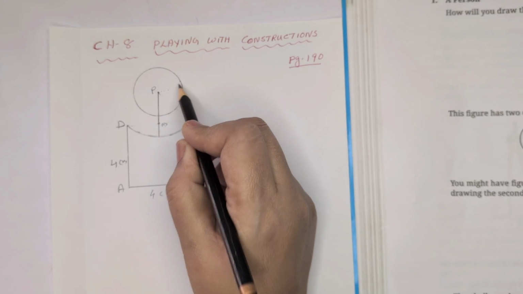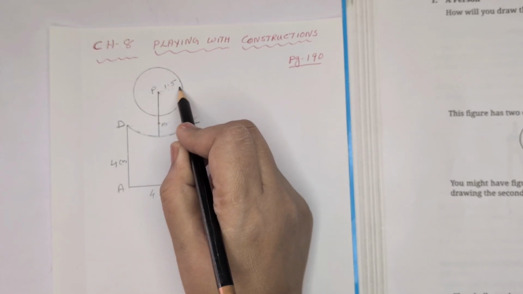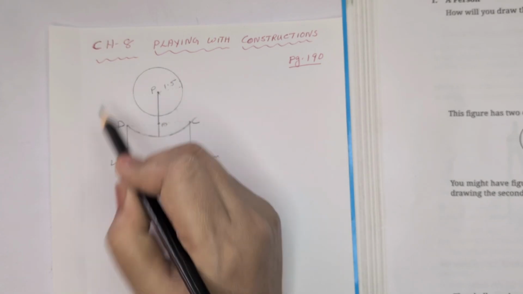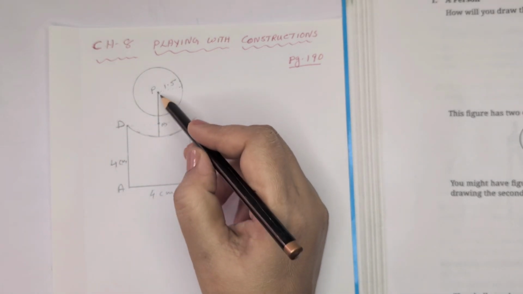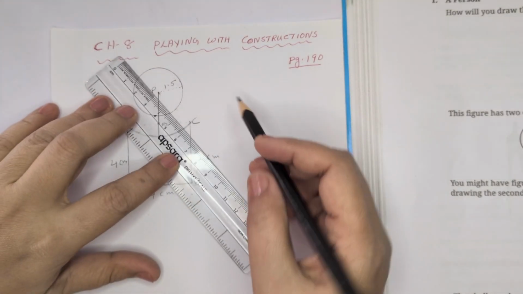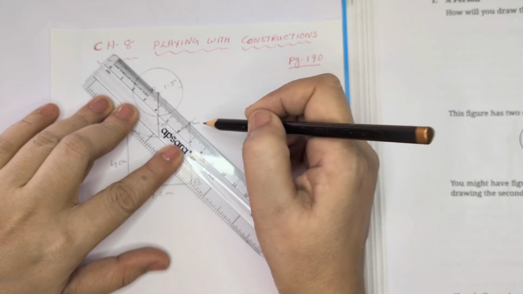Then the radius of the circle is 1.5 centimeter. Take 1.5 centimeter, P as the center, draw a circle. Then join P and C by a dotted line, like this.